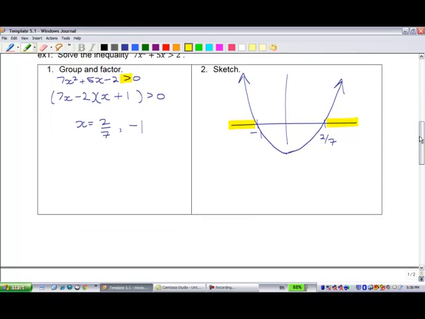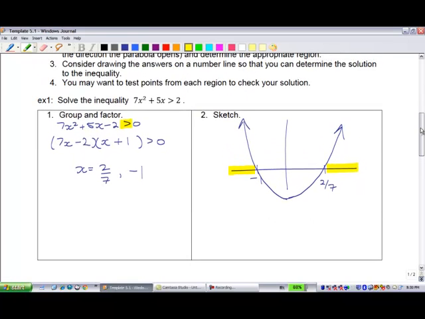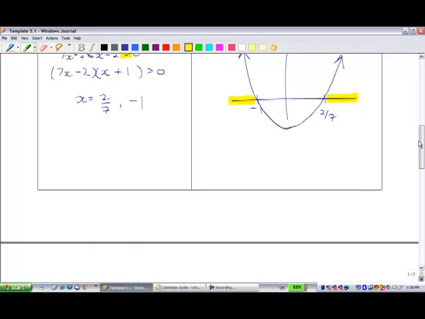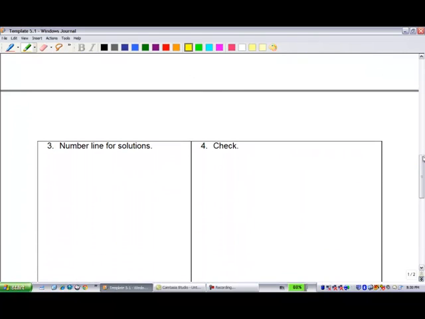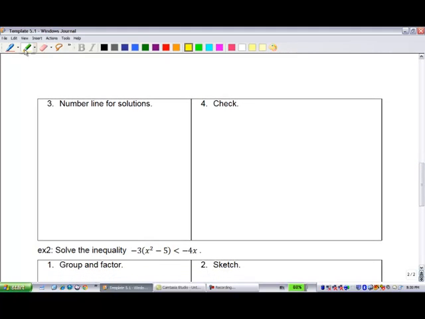Step 3 is to consider drawing your answers on a number line. Even the check step is probably a good habit to get into, but let me draw this on a number line. Simplifying the picture we just had above, we have negative 1 and 2/7. It's an inequality with no equal sign, so I'm going to use open dots.